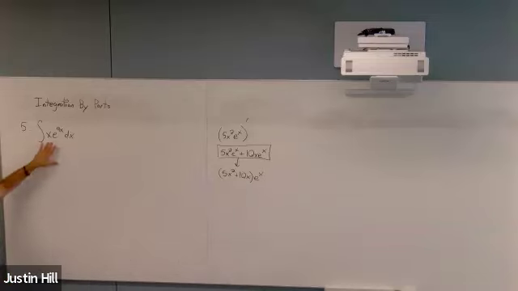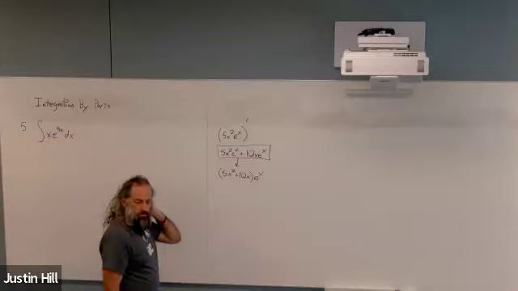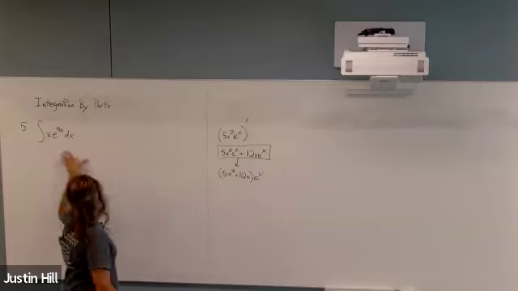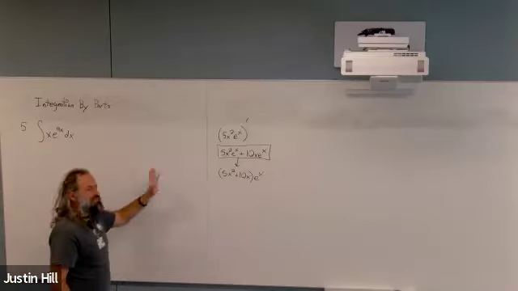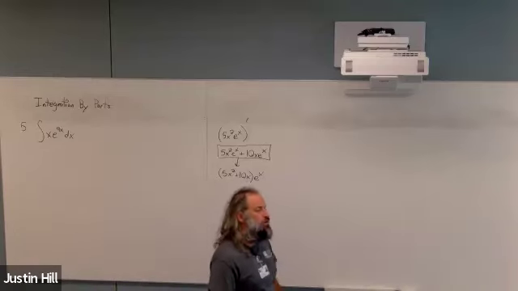Then there's at least an instinct that if I want to integrate this, if I see this as the end of a product rule, then I should be able to work my way back up. Again, it doesn't have the plus, which I admit makes it look like it didn't come from a product rule.